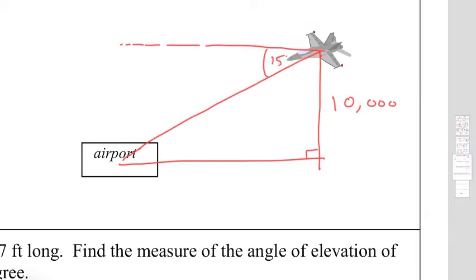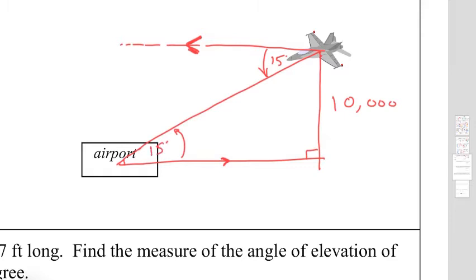Now remember, angle of depression and angle of elevation are the same thing, because you can think of the horizontal as the starting point, or degree 0. When you look down, that's going to be 15. If this is my degree 0 and I look up, then I can also create that same angle of 15.